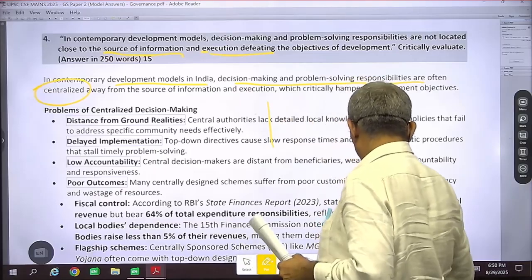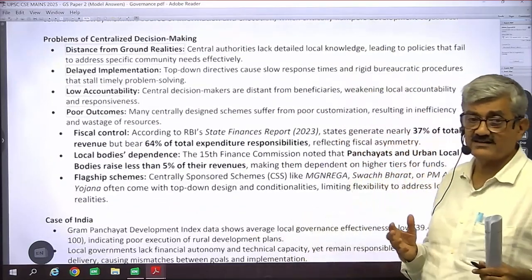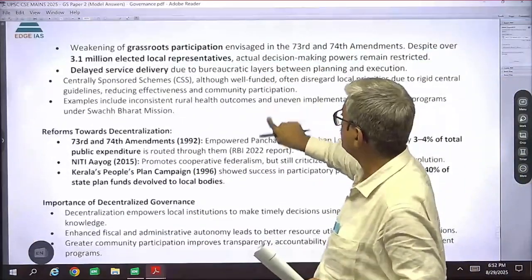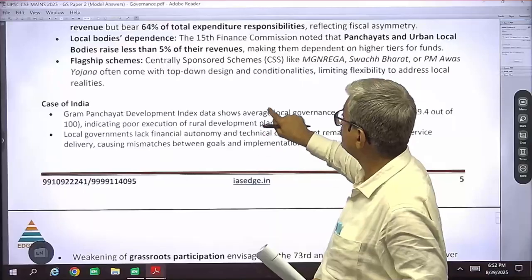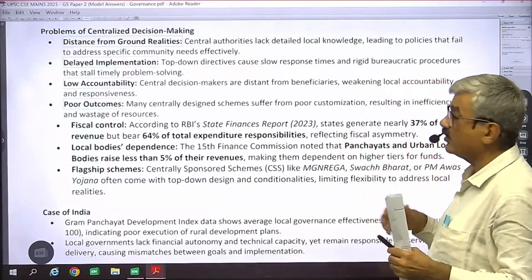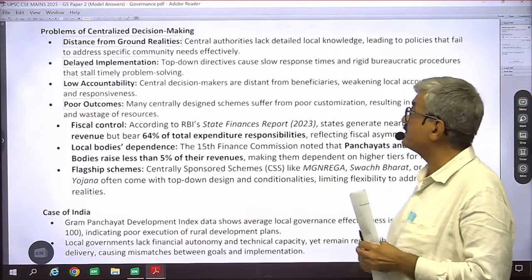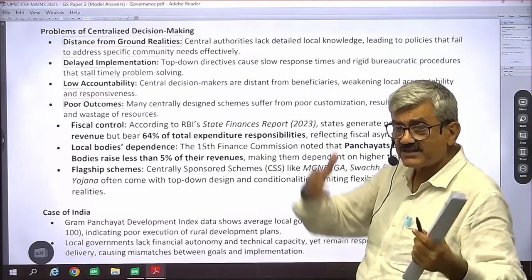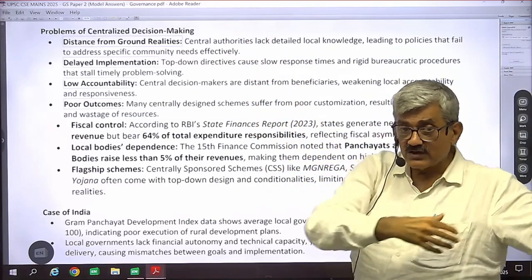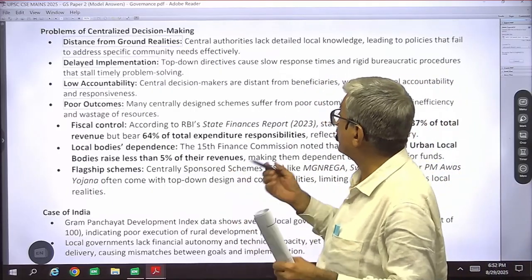What are these? It is distance from ground realities. If we are making it at the top, what about the ground reality? The central authorities lack detailed local knowledge, leading to policies that fail to address specific community needs effectively. Delayed implementation: making it at the top, and then the entire thing going down to the grassroots takes its own time, and there are pilferages also.